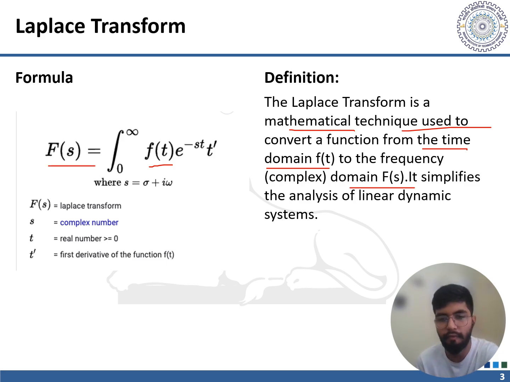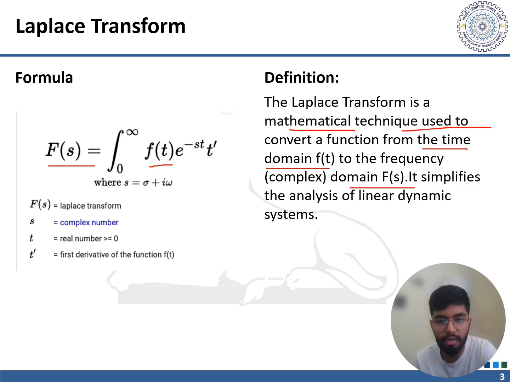So you are thinking that why we are transforming the function from time to frequency. For example, you are given a very complex equation, like a second order differential equation or third order differential equation, and you are not able to solve that equation, so you can apply Laplace transform there. Basically you just apply Laplace transform on that equation and you will get a linear equation in the frequency domain.